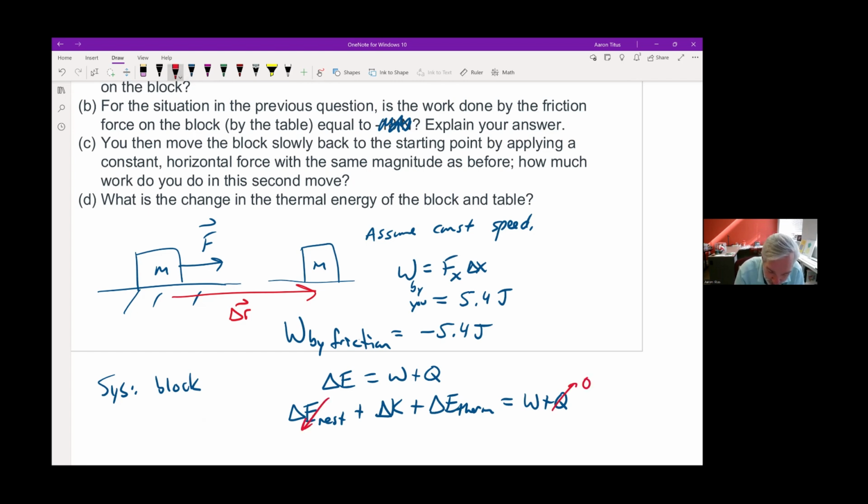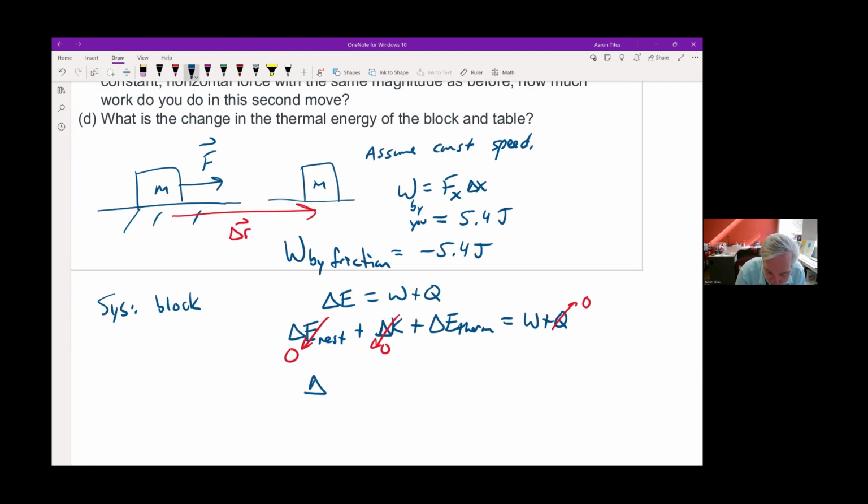There's no change in rest energy and no change in kinetic energy. And so the change in thermal energy here has to be equal to the work done by me as I pull on this block, plus the work done by the table, which would be friction.